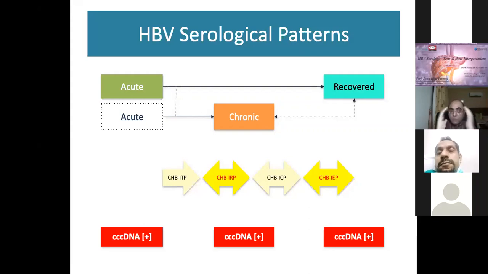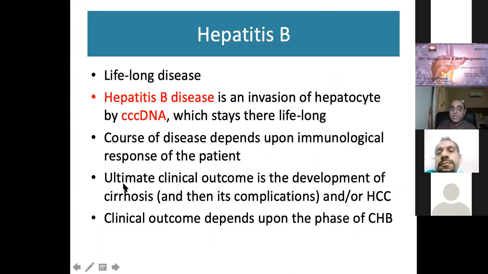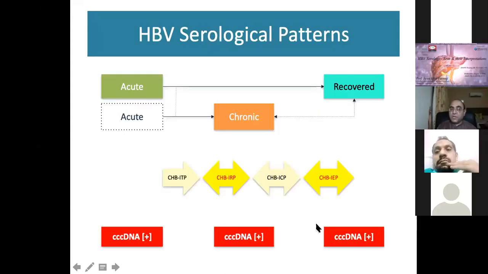If we have this concept, it will be easy for us to interpret the serology of the patient and know which phase the patient belongs to. The ultimate clinical outcome is the development of cirrhosis, and then its complications, HCC, if the patient is not treated, and the clinical outcome depends upon the phase of chronic hepatitis B.